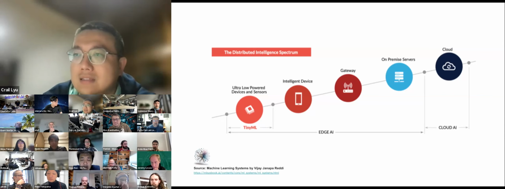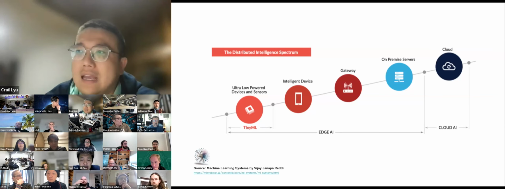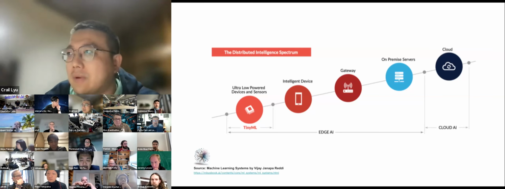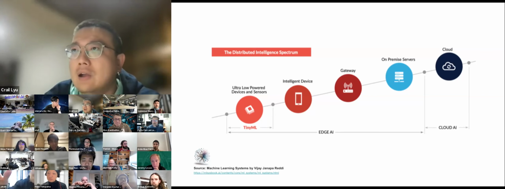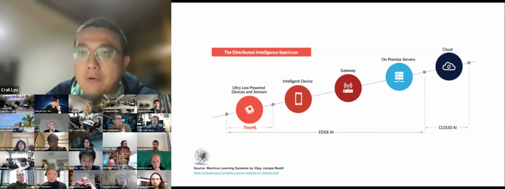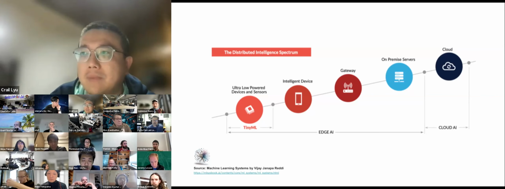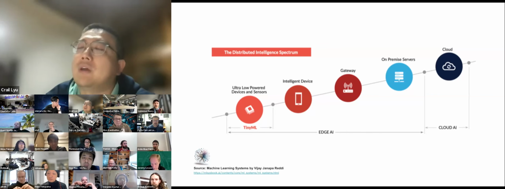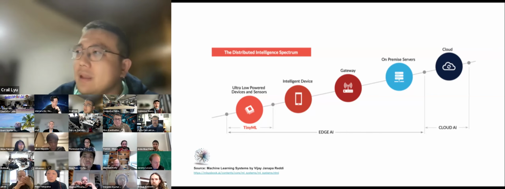It's limited to ultra low power devices and sensors. Beyond this, there are intelligent devices and gateways. I think everybody has a HomePod, like Apple HomePod or a smart speaker at home, and each of these devices acts as a gateway to communicate via Zigbee, Wi-Fi, or Bluetooth with different home automation or Home Assistant sensors.